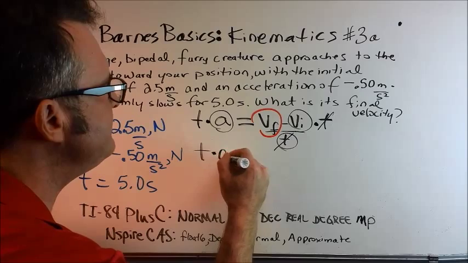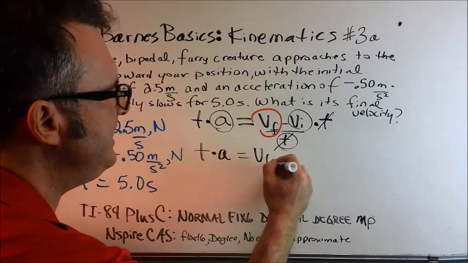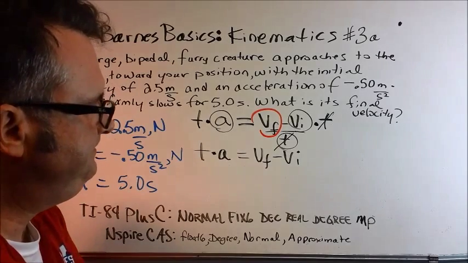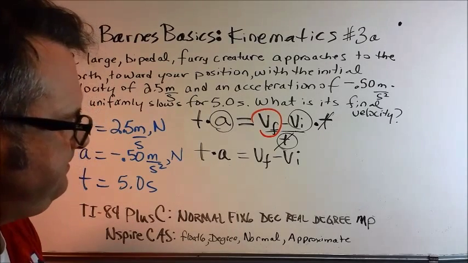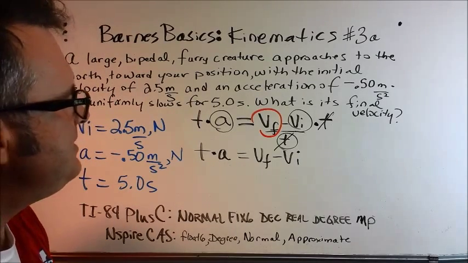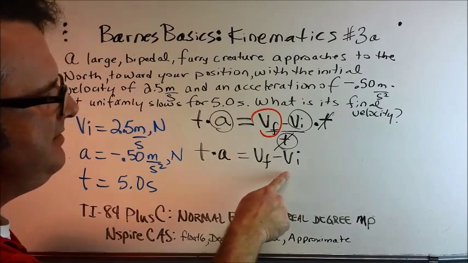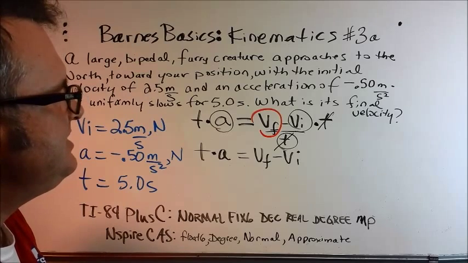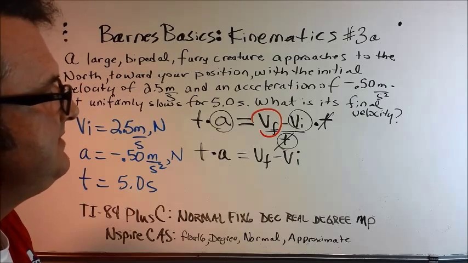Let's say T times A is equal to VF minus VI. If I want to get rid of the VI, then what I might want to do is just add that to both sides of the equation.